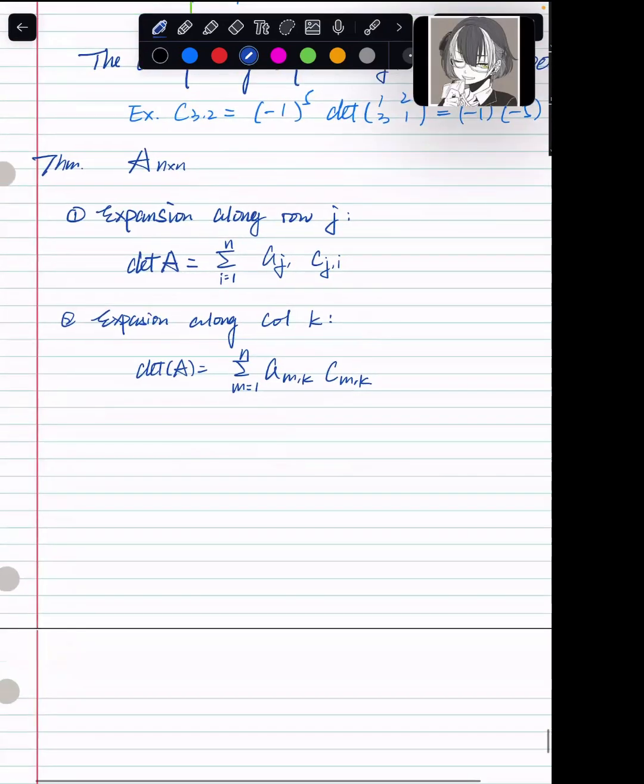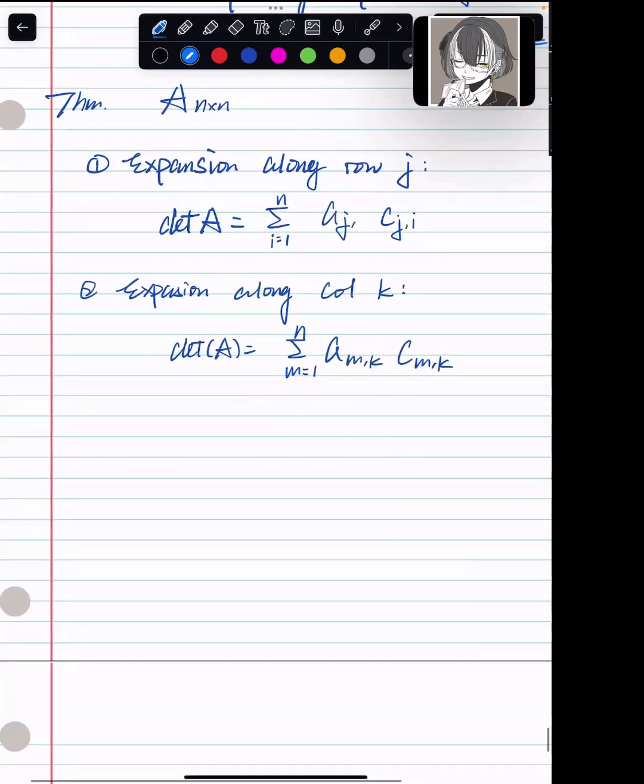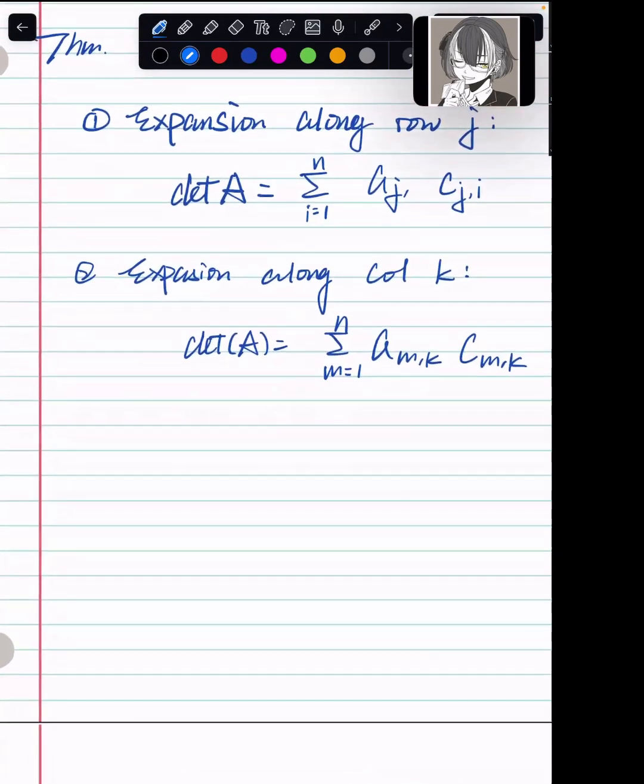Now we do a quick example. If we're doing a 3x3 matrix, same matrix 1, 0, 2, 3, -1, 1, 0, 4, -2.